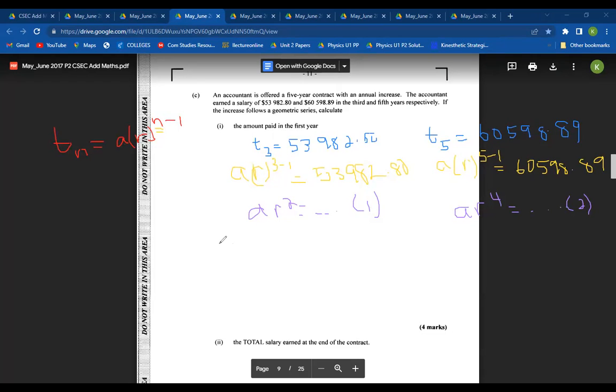So we said higher power divided by lower power. Higher power is 4, right? Because 4 is greater than 2. So I would say the second equation divided by the first equation, which would be A R to the power 4 divided by A R squared.